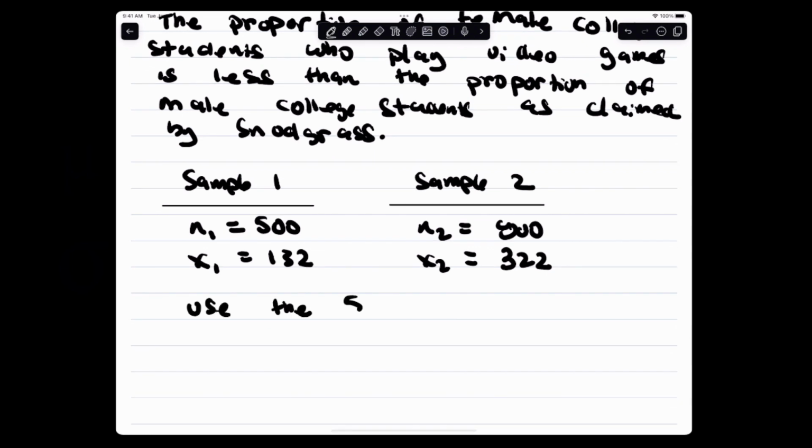Use the 5% level of significance to test this claim.